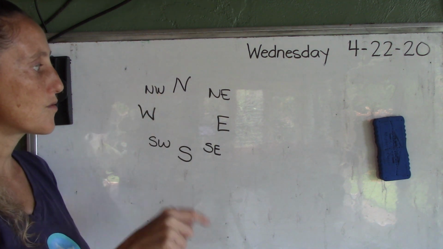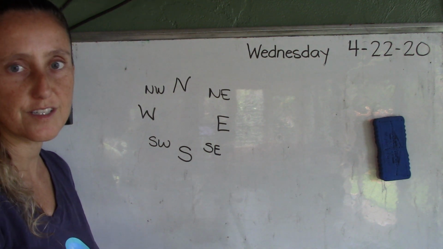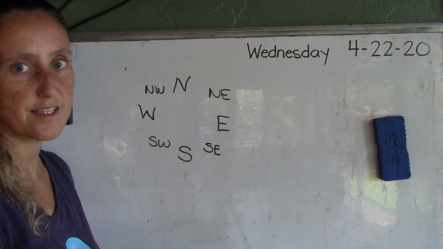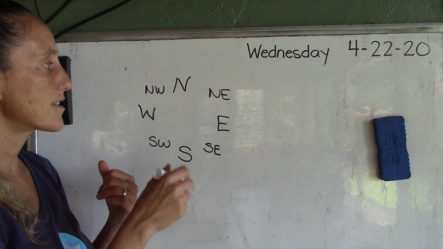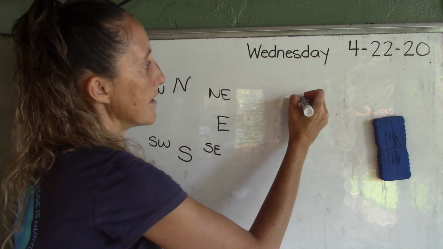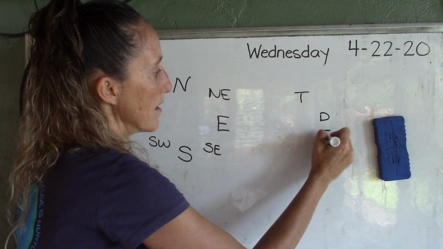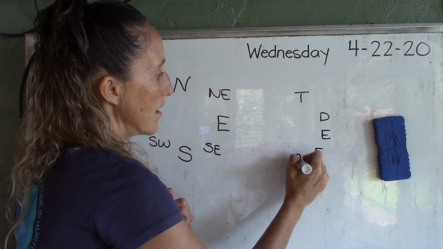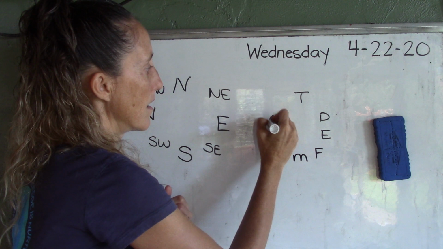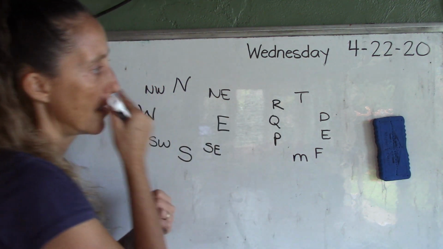And if you notice, north and south always go first when you're doing the directions like that. So they might ask you, like if I had letters, like this.